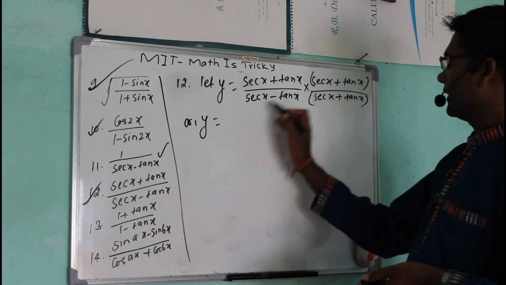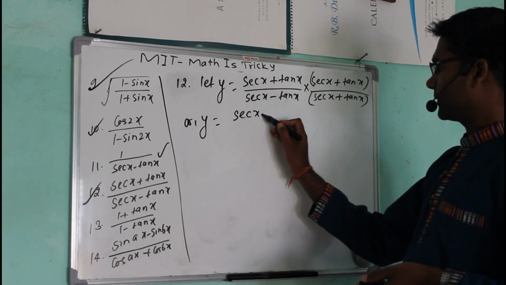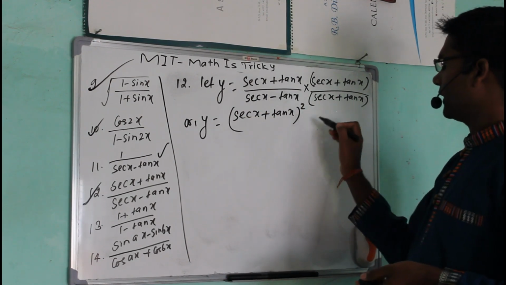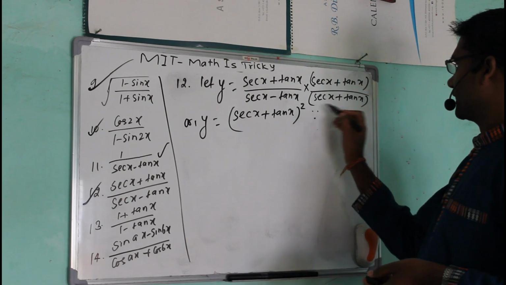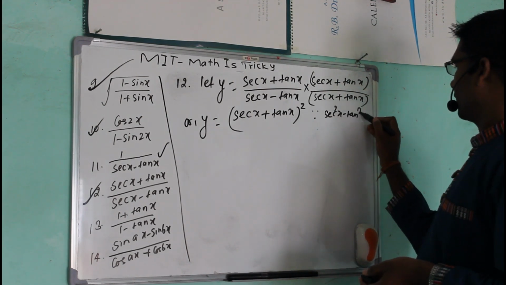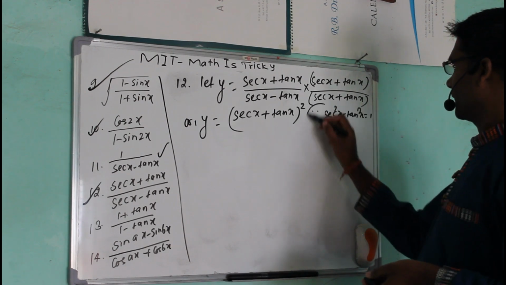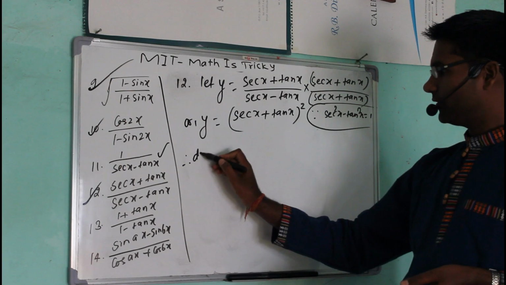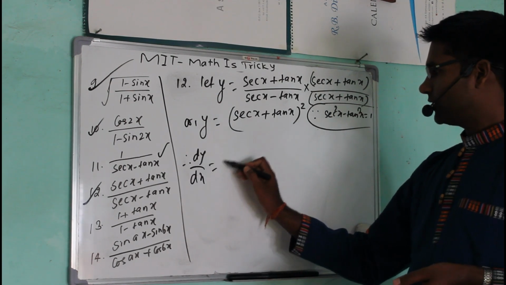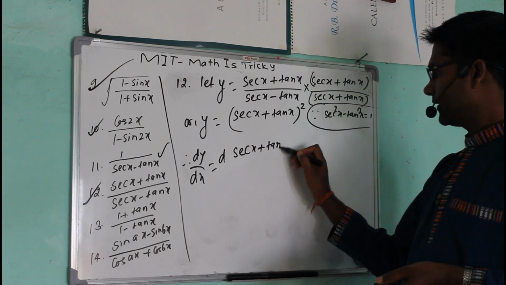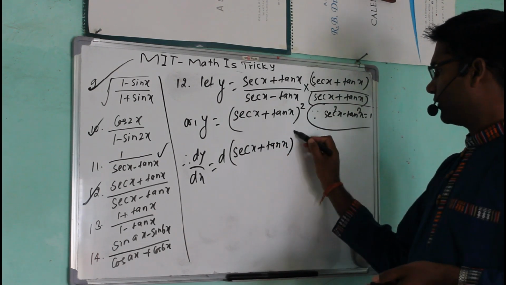It will now be sec x plus tan x whole square, because sec square minus tan square equals 1.